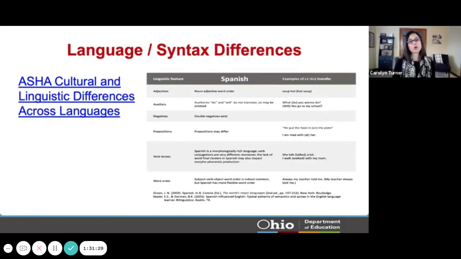All right, and so there are some language considerations. We use Spanish as an example an awful lot, just because that's the language that we see the majority of the time, not all of the time. Many of you have learners in your classrooms that come from a variety of different languages and cultural experiences, but we use Spanish as an example, and we think about the linguistic features and how we transfer from that L1 to that L2.